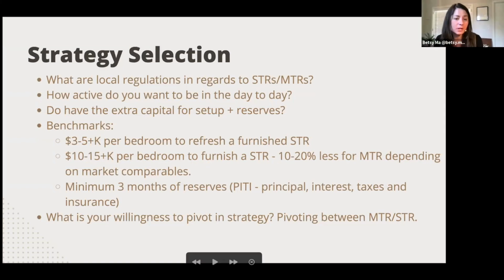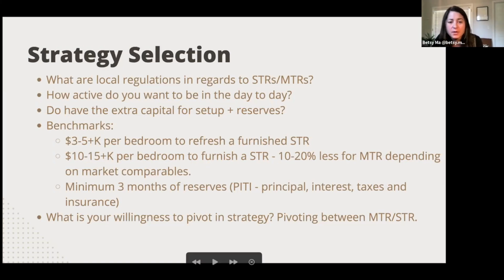These really do fluctuate, but we want to be forthcoming in saying that you need to have some capital built up to be able to do this successfully. We usually say 3 to 5K per bedroom to refresh a furnished short-term rental.